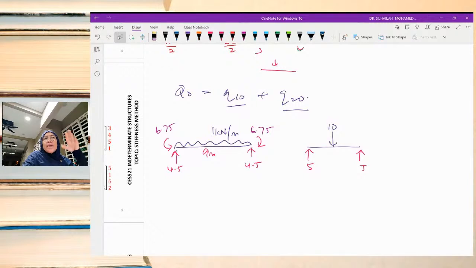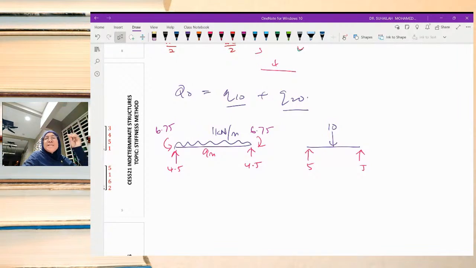That is why 1 times 9, we divide by 2, we get 4.5 and 4.5, because WL is equivalent to P, subjected at the center. So the vertical reaction is 4.5 and 4.5 for AB.